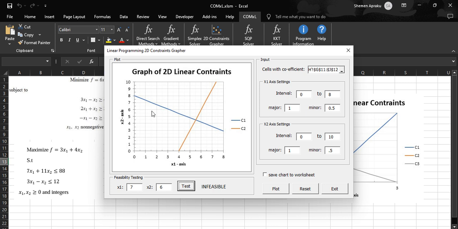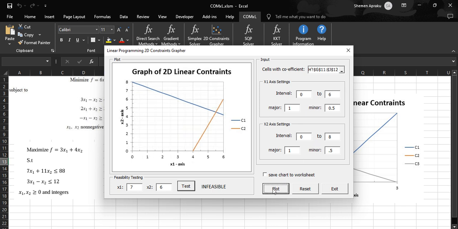But the goal here is to maximize the function by taking x1 and x2 values as integers. So I look in this region. Let me readjust my axis. I will set my x2 axis to 8, and I set my x1 axis to 6. So looking at our constraint graph, we have several points in there that are integers.